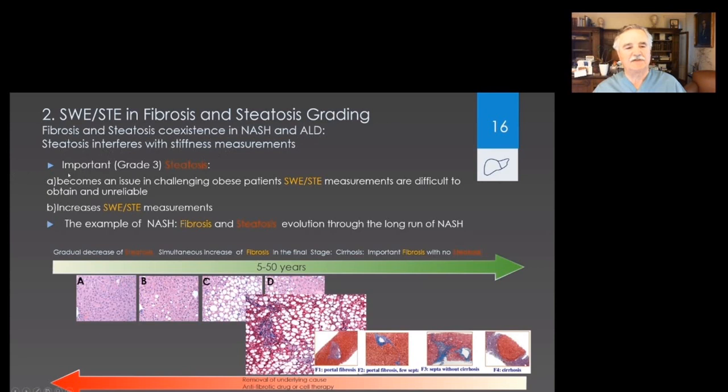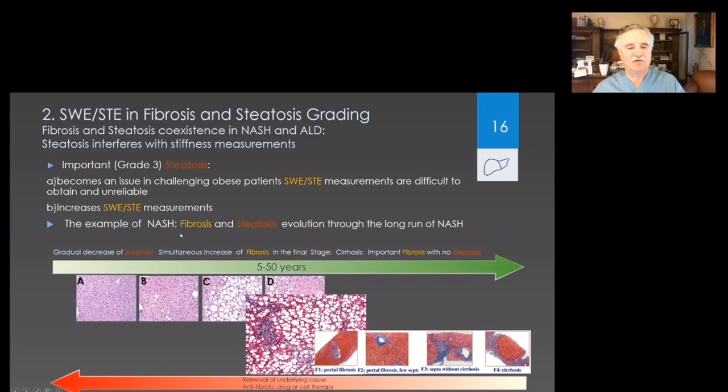There are 2 points here. Important grade 3 steatosis becomes an issue in challenging obese patients because shear wave elastography measurements are difficult to obtain and therefore unreliable. The second point is that important steatosis increases shear wave elastography measurements.